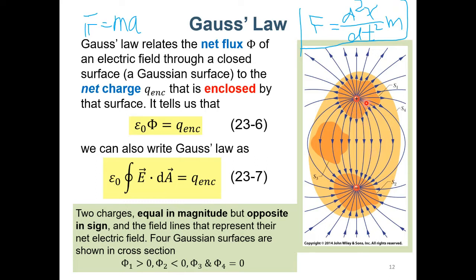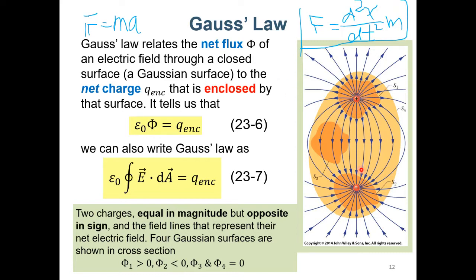If some of the charge is distributed at the upper part and some at the lower part, it may be different from all the charge located at the middle part, but the overall net flux will be the same.